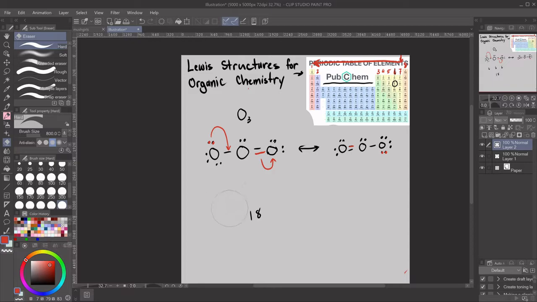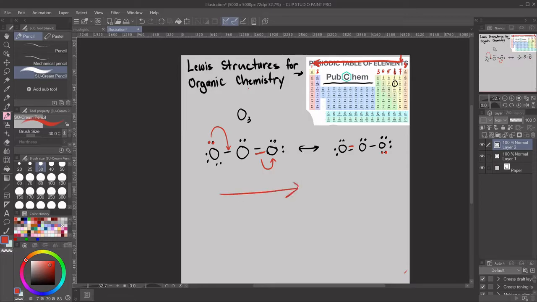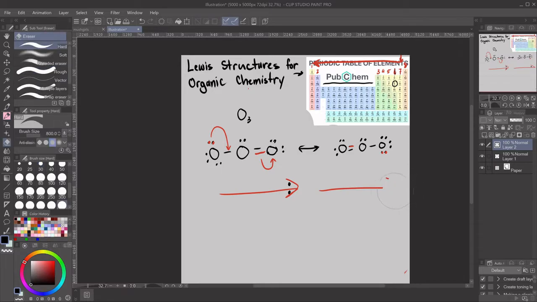In our resonance structures, when we want to show the movement of electrons, we use a double-headed arrow because double-headed arrows show the movement of pairs of electrons. You can think of each barb of the arrow as holding one electron. On the other hand, a half-headed arrow shows the movement of a single electron. I won't be using single-barbed arrows in this lesson, but I thought it'd be important to note.